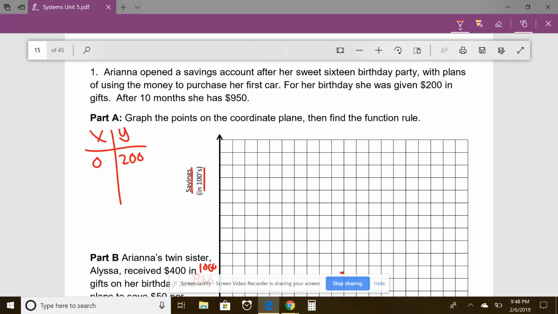And then after 10 months, she has $950. So my rise over run in this is 750 over 10, which can reduce to 75. So that's my rate. My rate is 75. That means Ariana is making $75 per month.